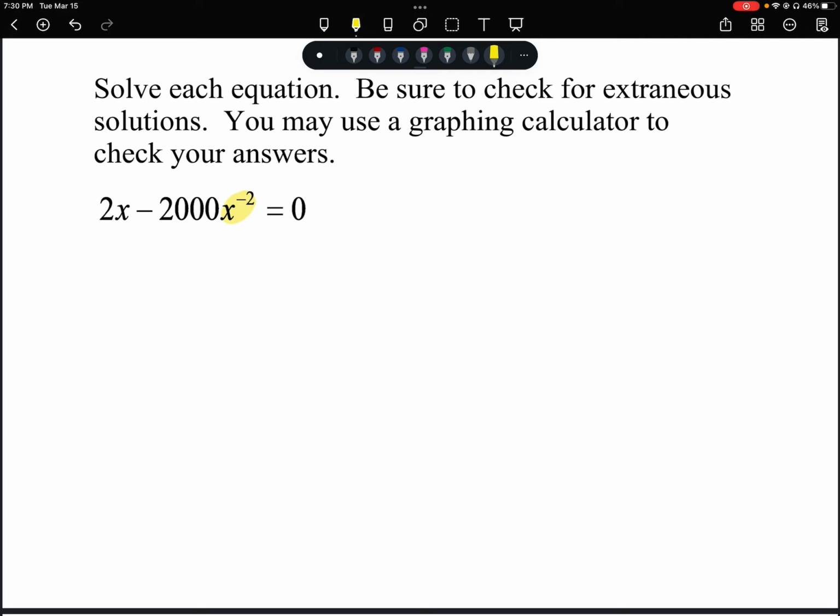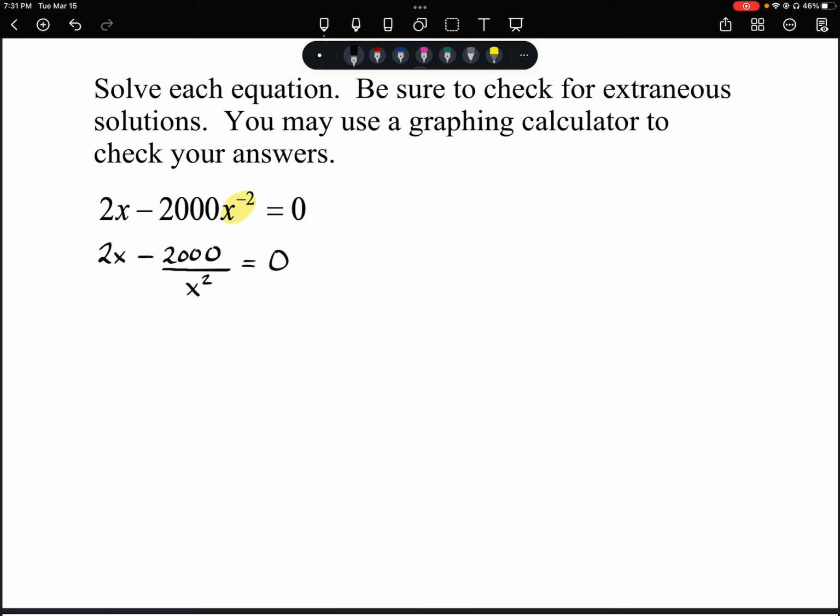So what we can do is rewrite it as 2x minus 2,000, and let's make that a positive exponent by moving it down into the denominator. Now we just have an equation that has a fraction in it. There are a couple of different methods we could use.